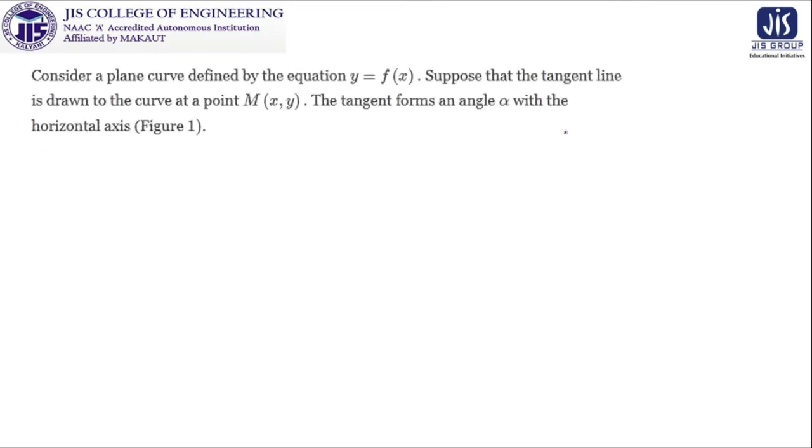Now in the next part, we are considering a plane curve defined by the equation y equal to f(x). Now we are making a tangent line drawn to the curve at a fixed point M, whose coordinates are x and y. The tangent forms an angle alpha with the horizontal axis.